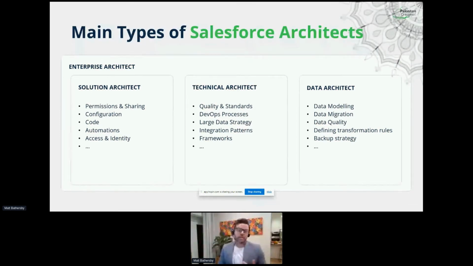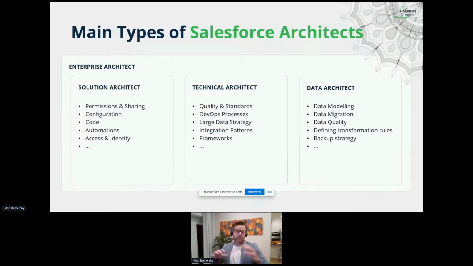So solution architects, you can see some of the things there, and this is not a complete list for any of these by any means, but the things that a solution architect would typically look at is all of the stuff that sits on Salesforce, permissions and sharing, configuration, code, all of those things that you can see there. Technical architect looks a little bit more holistically, but still at that kind of project level. And then the data architect is responsible for some of the things you see there.